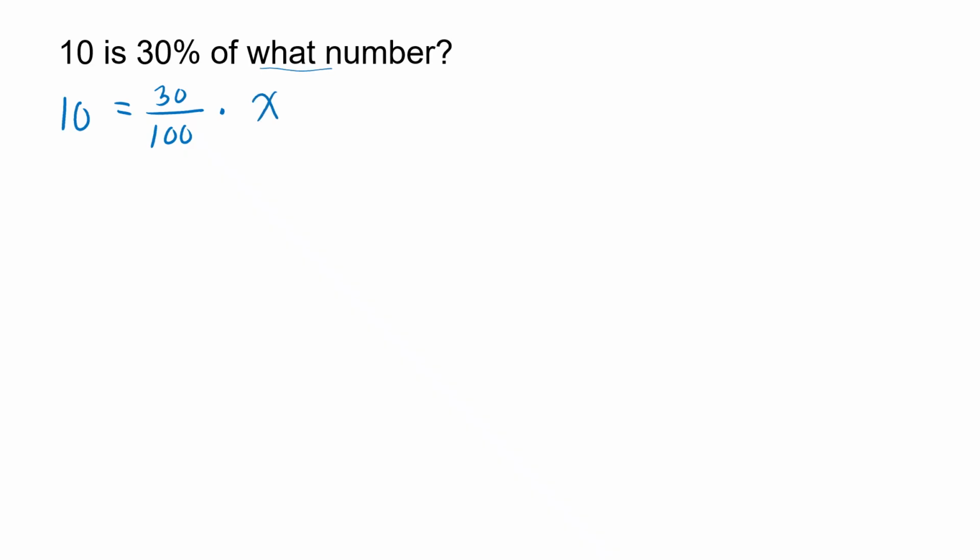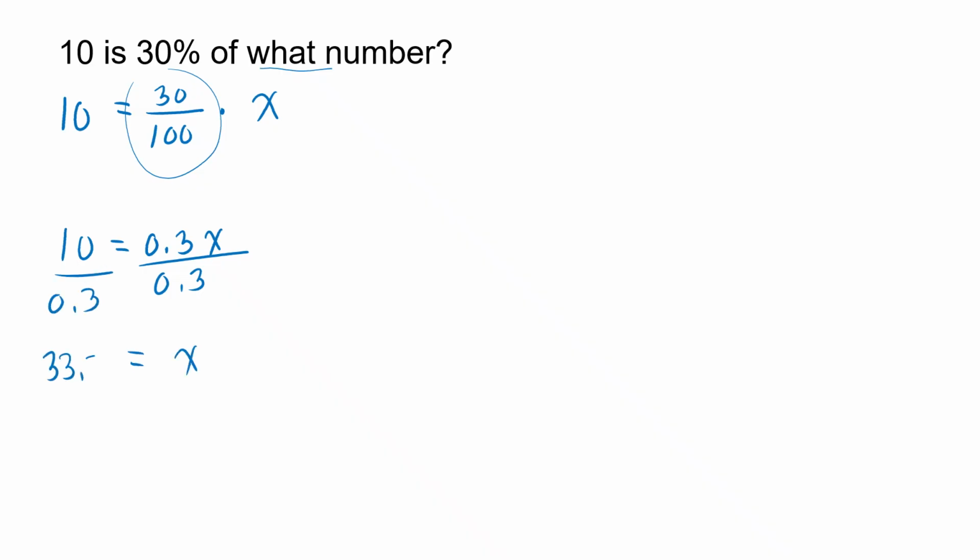And so maybe you can multiply by 100 and then divide by 30, or you could do 30 divided by 100 is 0.3 times x, and then divide by 0.3. And that, I believe, is 33.3333333333, forever repeating.